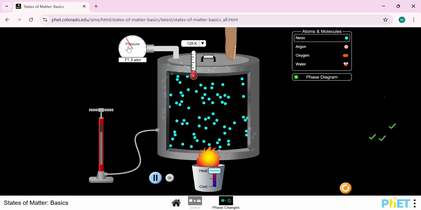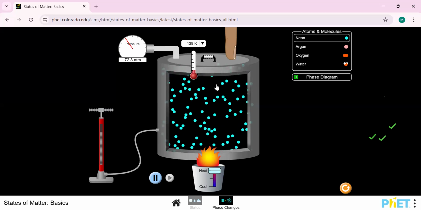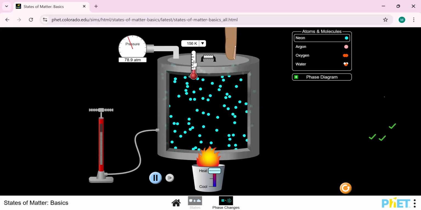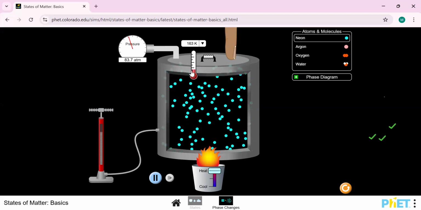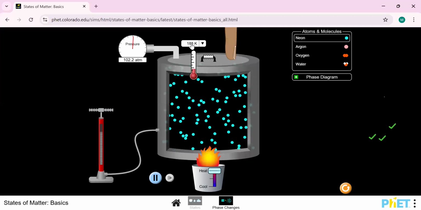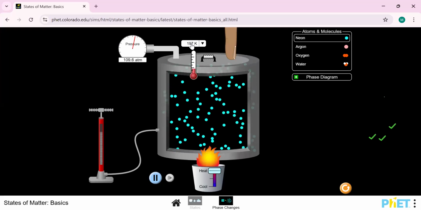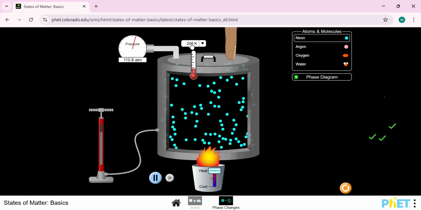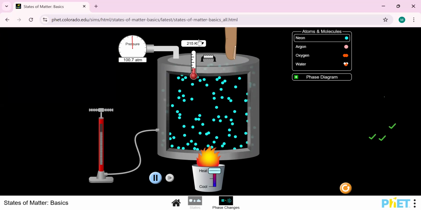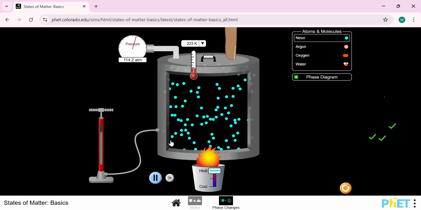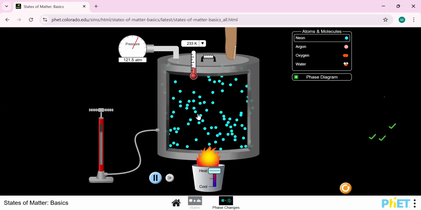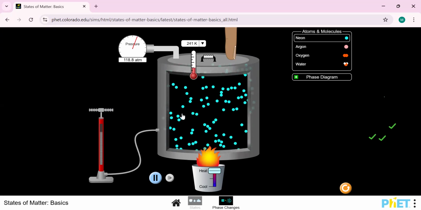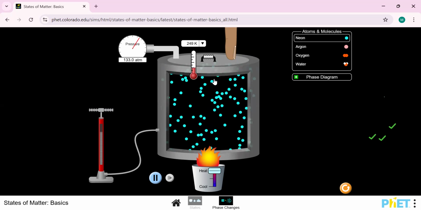Notice the temperature level and the pressure level. So see here, 190, 194. The boiling point of water is 100 degrees Celsius, is it or not? So the molecules are randomly moving in this area.